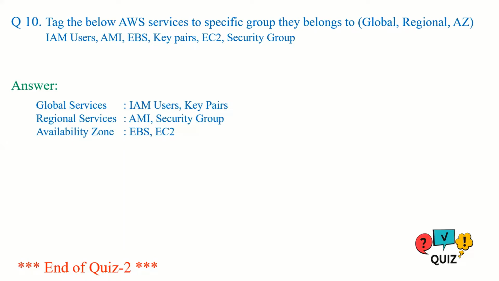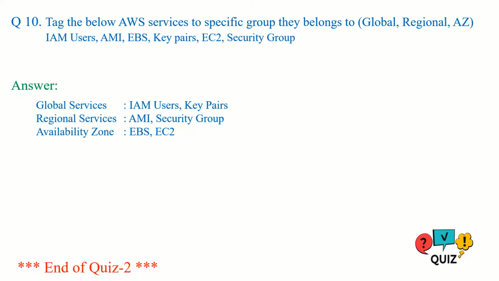Last but not least, the availability zone specific service is EBS, elastic block storage. The EBS that you create is availability zone specific. That means in AZ1, you have created a virtual machine. The EBS that is attached to that virtual machine, if you want to detach and attach to another virtual machine in AZ2, it is not possible.